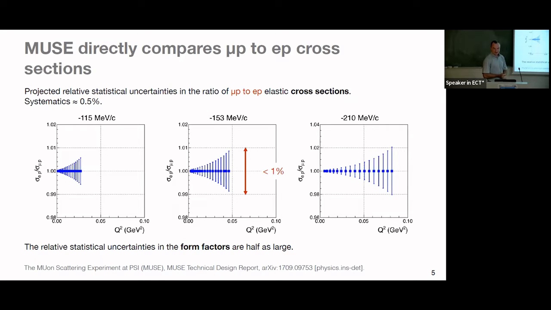The way the data is plotted here is the cross-section ratio, electrons divided by muon cross sections. The binning here is a bit unfortunate. You can imagine if there is no very strong Q-square dependence in this ratio, we certainly could bin data a little bit coarser, improving the statistical uncertainty.